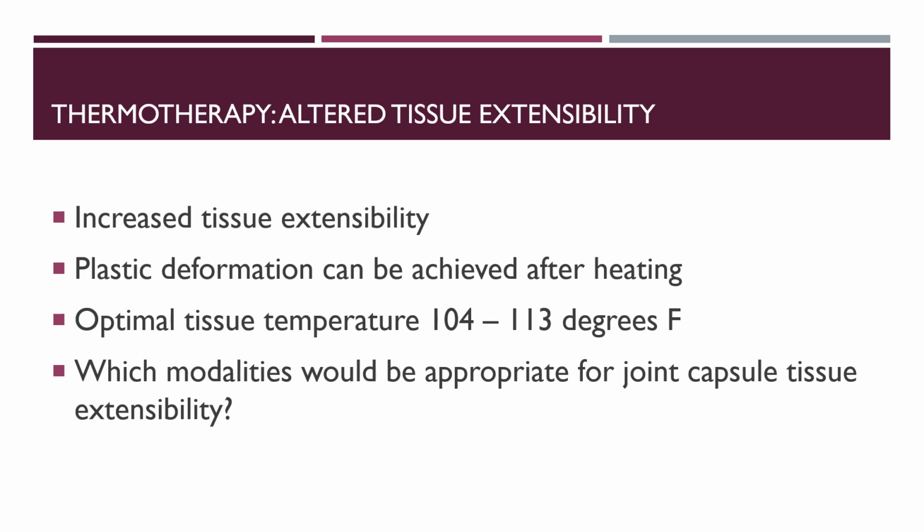Now we're also going to talk a little bit about how thermotherapy can alter tissue extensibility. As we mentioned earlier, we're going to use thermotherapy quite a bit to help increase tissue extensibility when it comes to stretching, range of motion, things like that. As PTAs, this is a big component of our treatment sessions on a daily basis, regardless of what setting you're in.